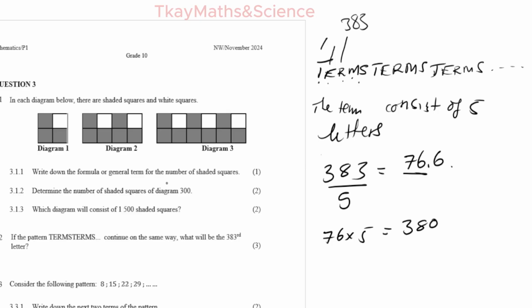They are asking what will be the 383rd term later. The 383rd will be R. So we're going to write it like this: 380 later is equal to letter R.